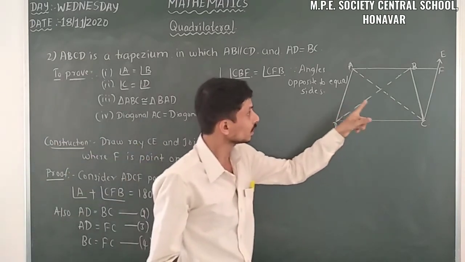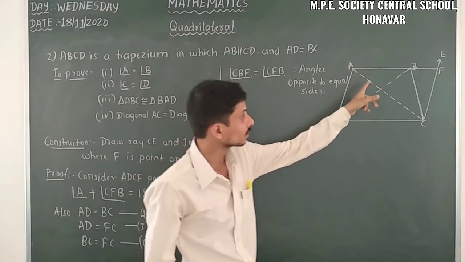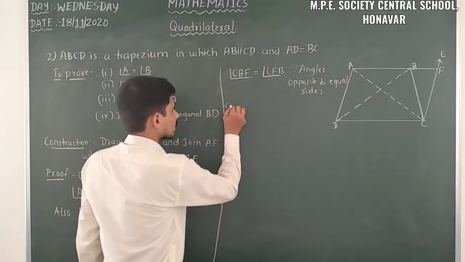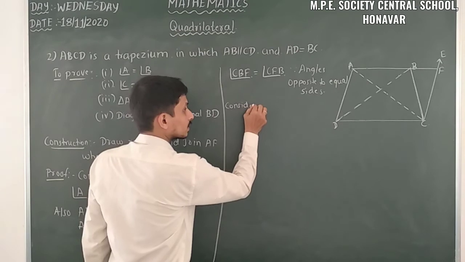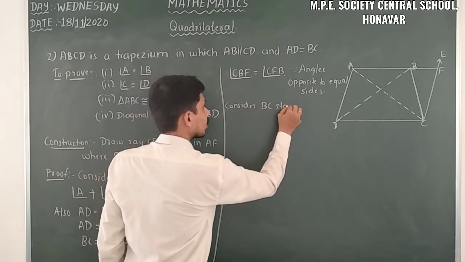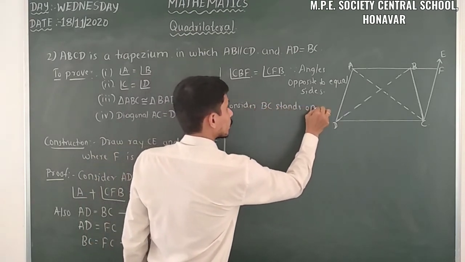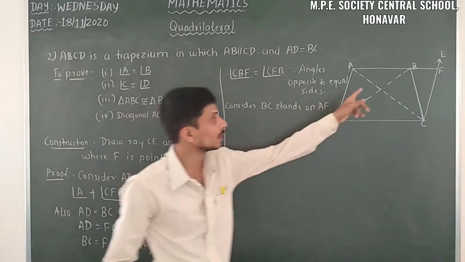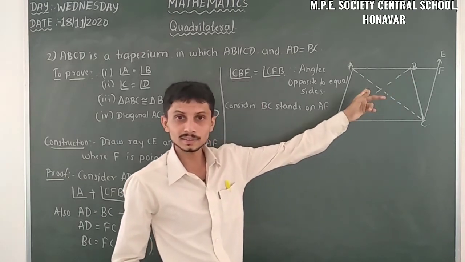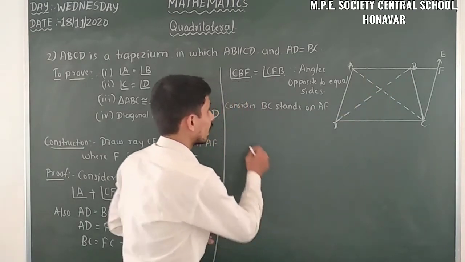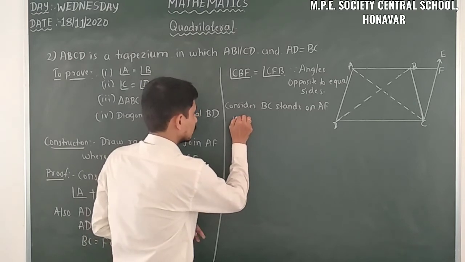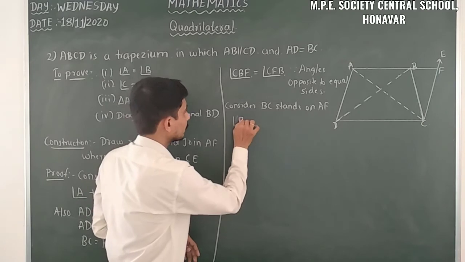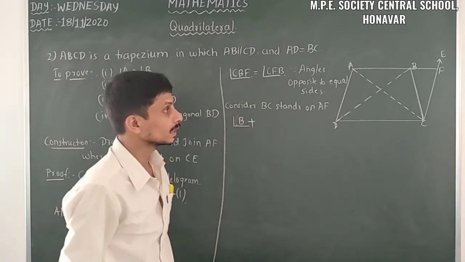Then after that we have to take this BC line stands on AF. So consider BC stands on AF. Then we have a linear pair, that is the adjacent angles are supplementary, that is angle ABF, or we can take angle B plus angle CBF.